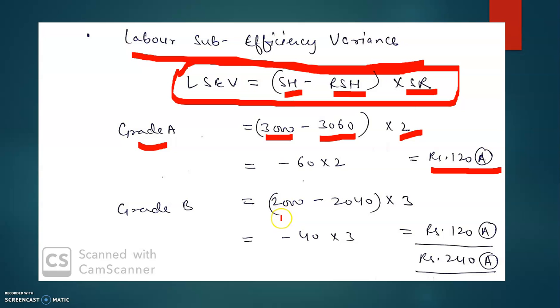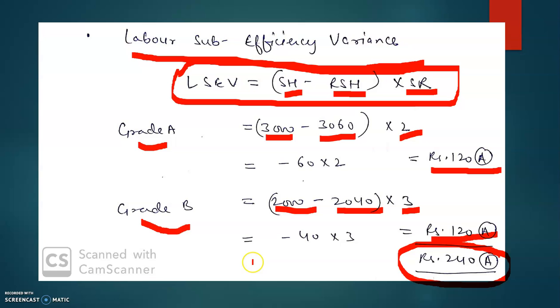And if we talk about labor sub-efficiency variance of grade B worker, we have 2000 as the standard hours, 2040 we have just calculated, 3 rupees is the standard rate. When we calculate this, our answer is 120 rupees adverse, and total of both is 240 rupees adverse.